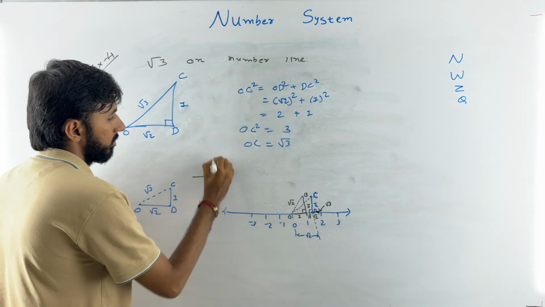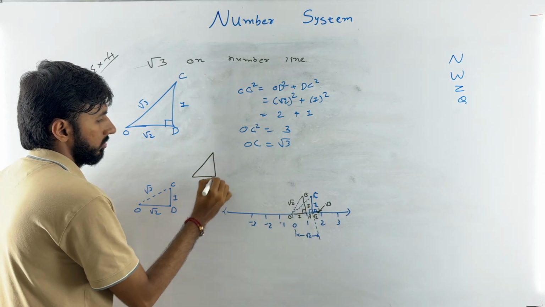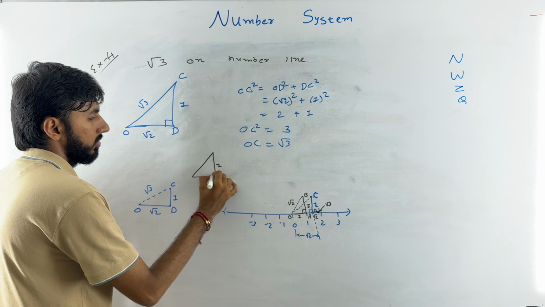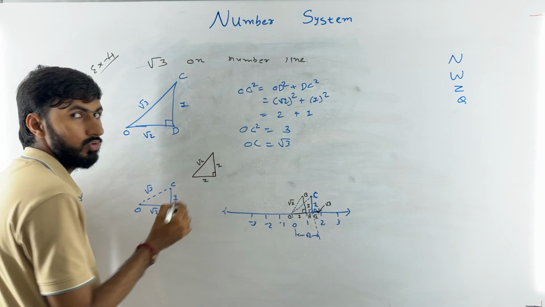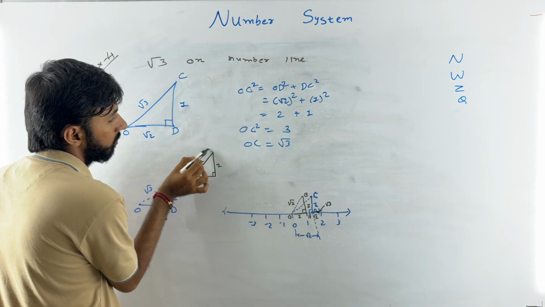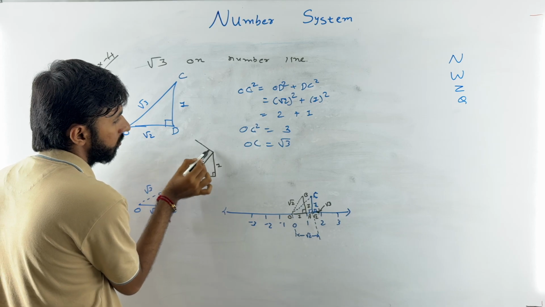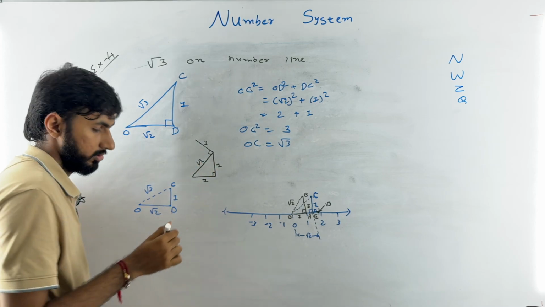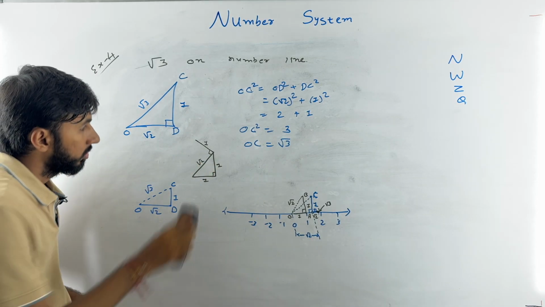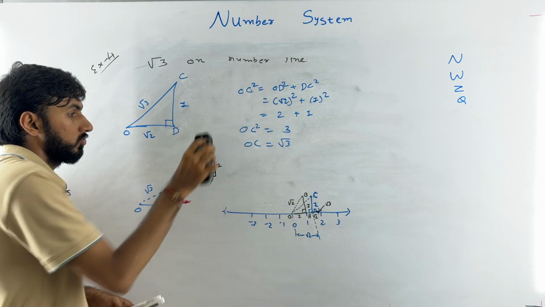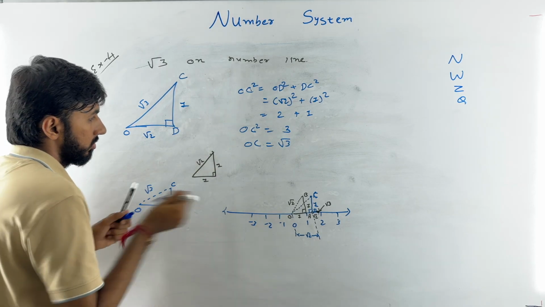This is a triangle of length 1 and 1 with a right angle, giving root 2. For your understanding, let me use a different marker.